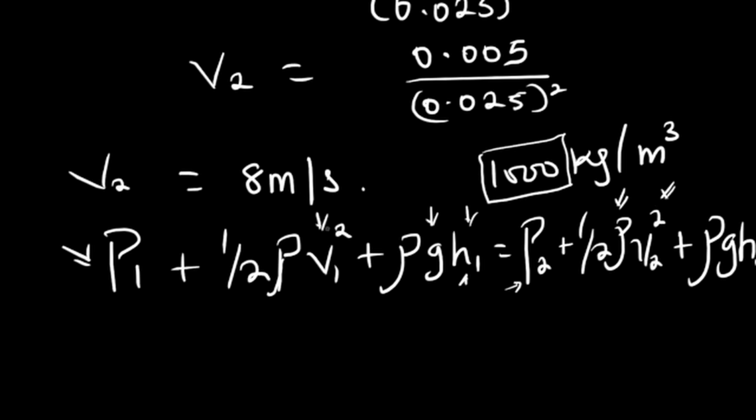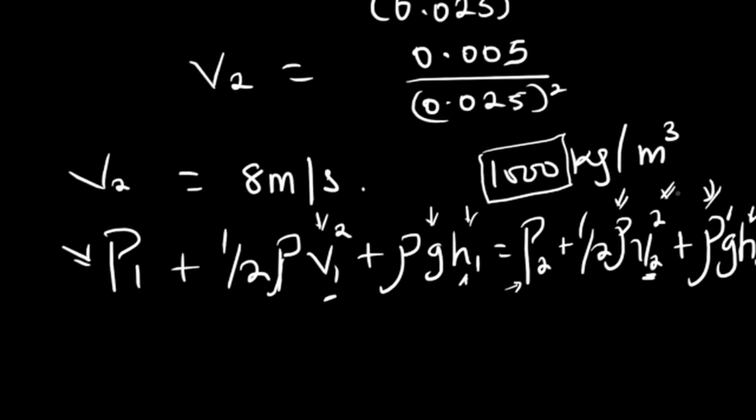This V here refers to the velocity with which it enters, and that's why we call it V1. Now this one here is the velocity with which it leaves, and we call it V sub 2. This is also our density, which is 1000. The G is acceleration due to gravity, and then finally our second height.